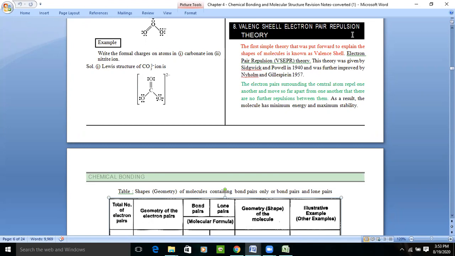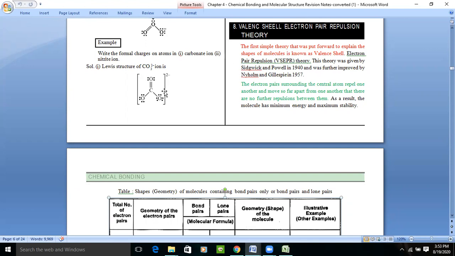Okay, so valence shell electron pair repulsion theory, the VSEPR theory, was put forward to explain the shapes of molecules. These are known as valency shells. Electron pair repulsion theory properly explains how the species repel each other when they attach to the central atom.